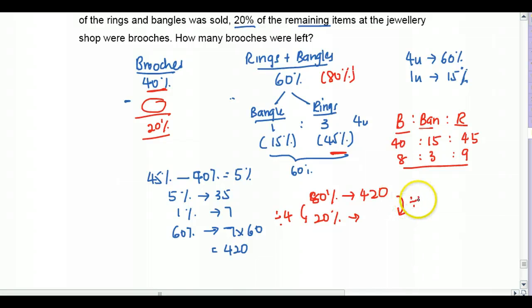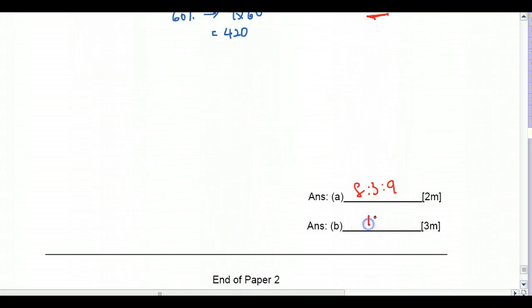So 420 divided by 4 will give me 105. How many brooches were left? 105 brooches were left. So your answer is 105.